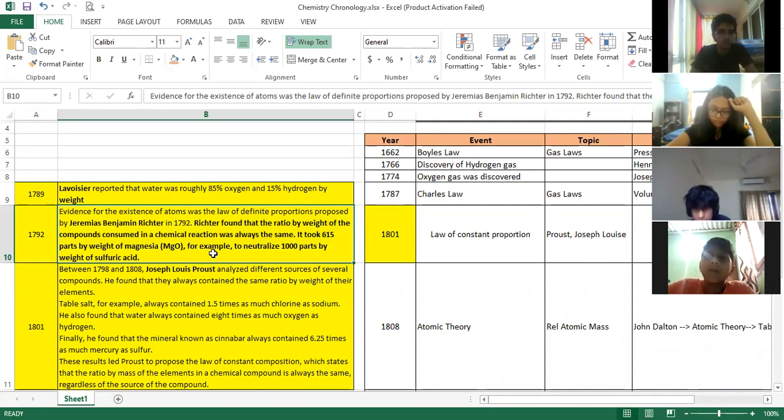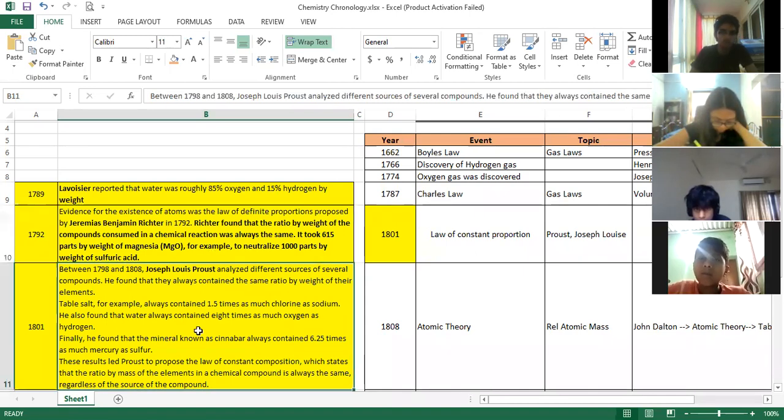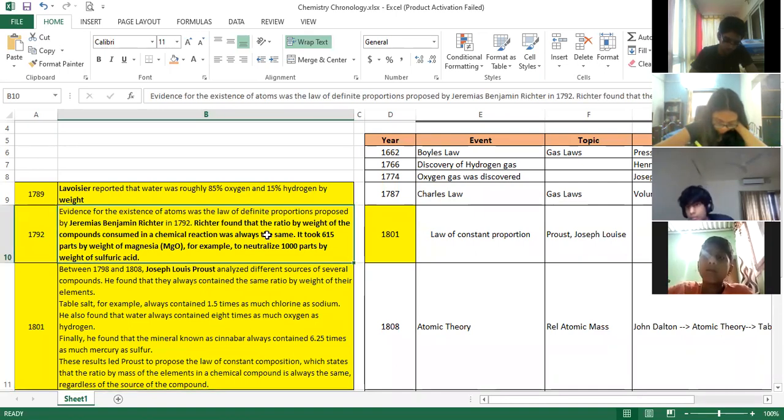Once again, the focus is on the proportion in which two things are going to combine. And then comes the third one in 1801. This is Jeremias Benjamin Richter. Is he the same guy who figured out the Richter scale? No, he isn't the same guy.